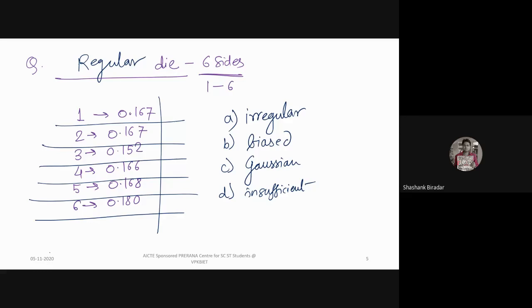So we have a regular die. Think on that. The frequencies of occurrence of those numbers have been given. You have to decide what sort of die it is.